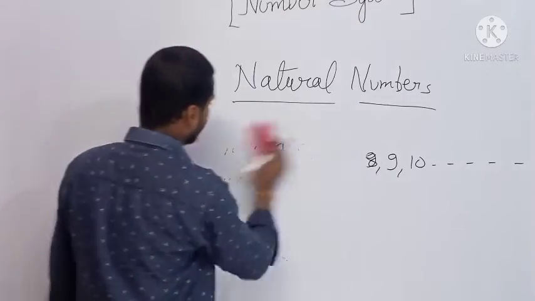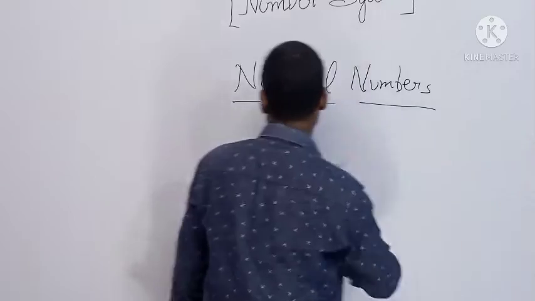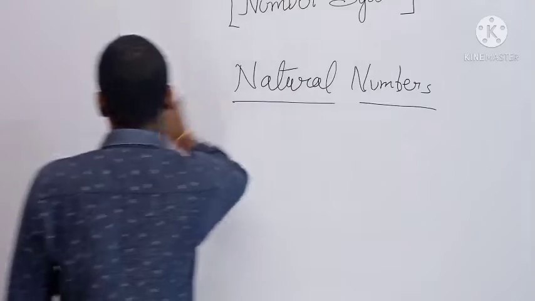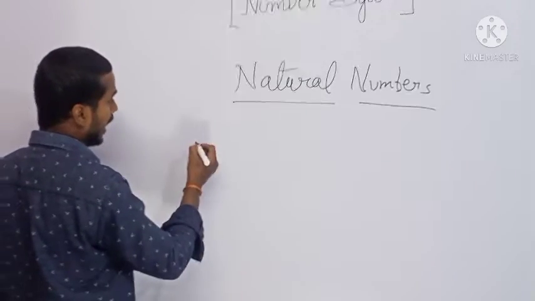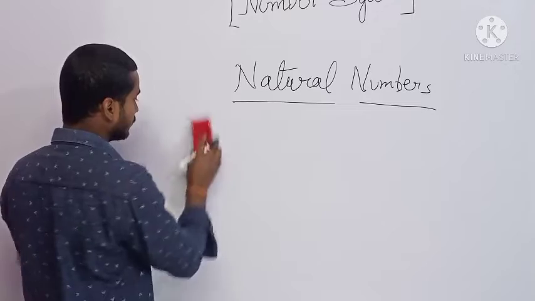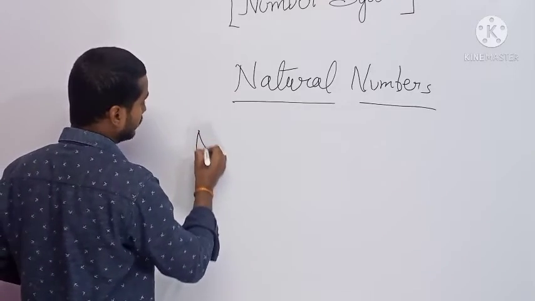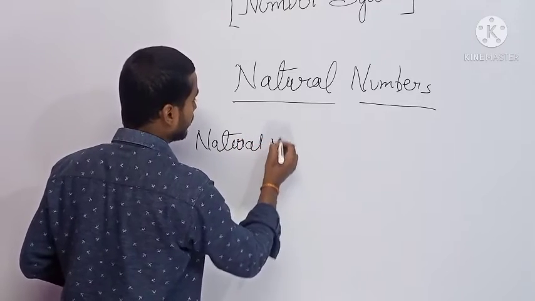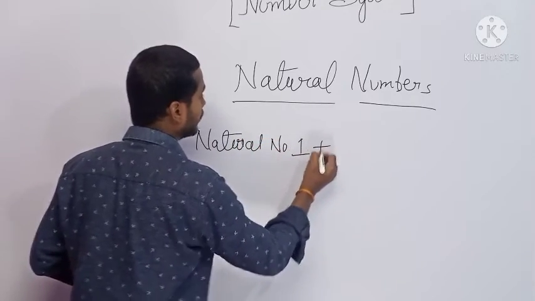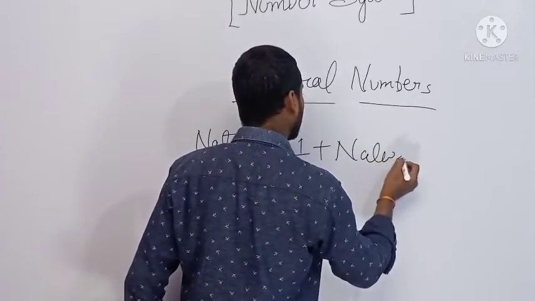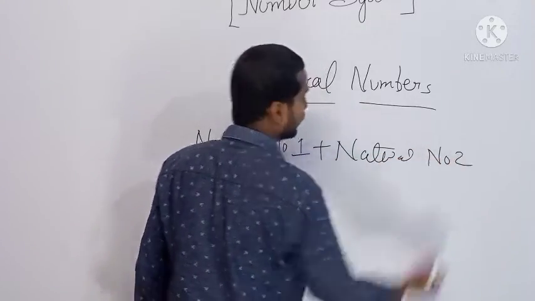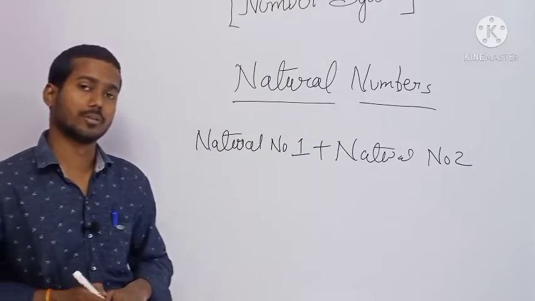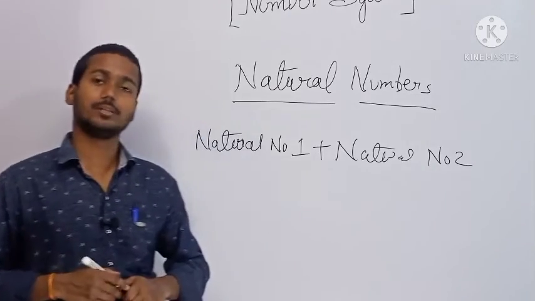In this section I will explain some basic properties related to natural numbers. If you try to add two natural numbers or two counting numbers, what do you get?